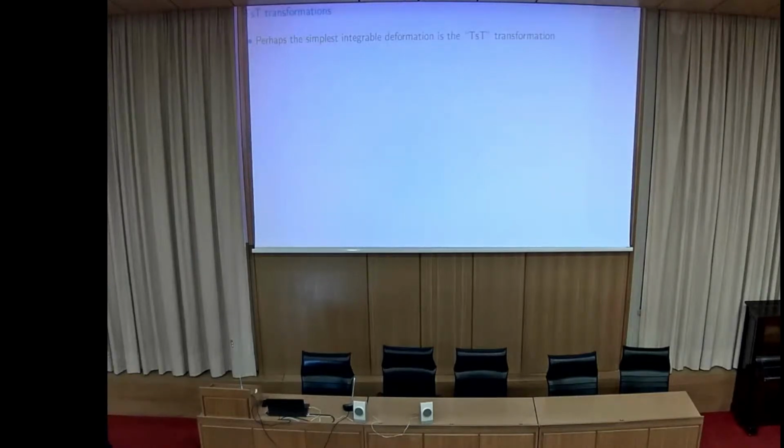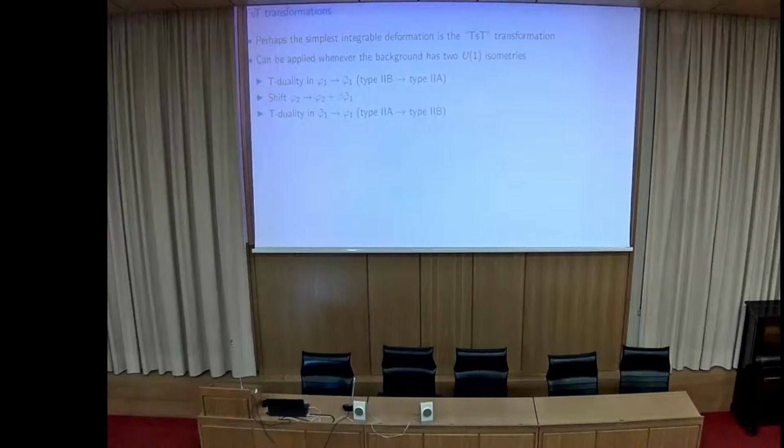And so here now I want to do this TST transformation that is, in some sense, the simplest type of deformation that one can do for these backgrounds. This type of TST transformation can be done for any background that has at least 2 U(1) isometries. Assume that these 2 U(1) isometries are realized through shifts in the coordinates phi1 and phi2.